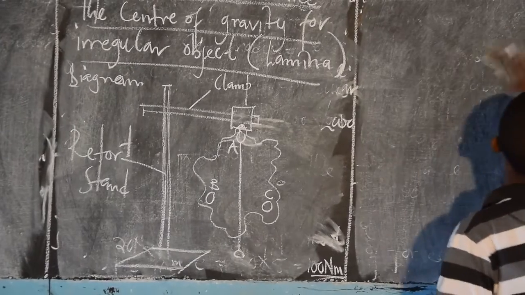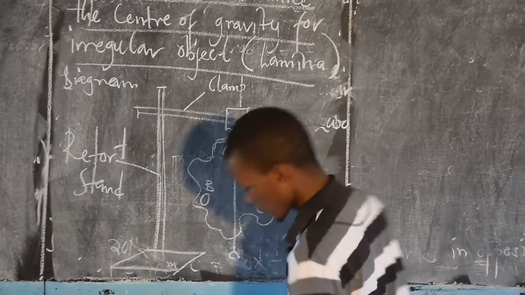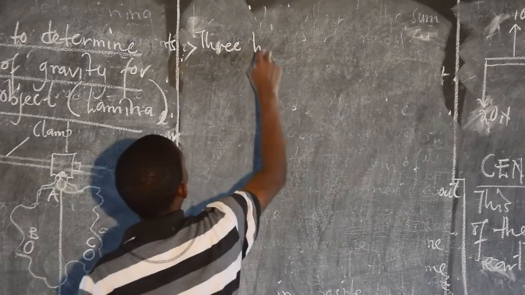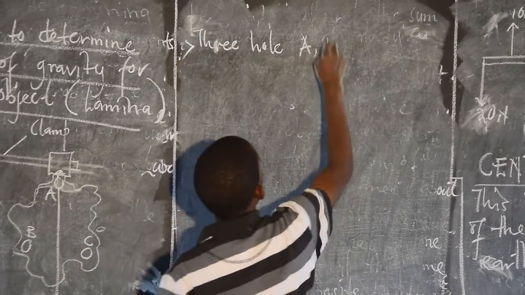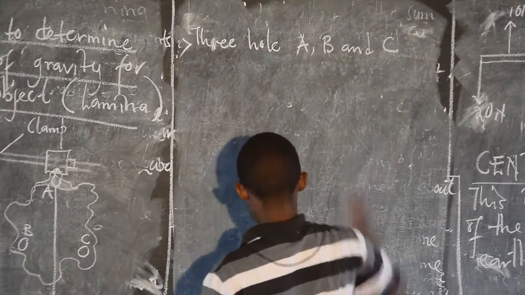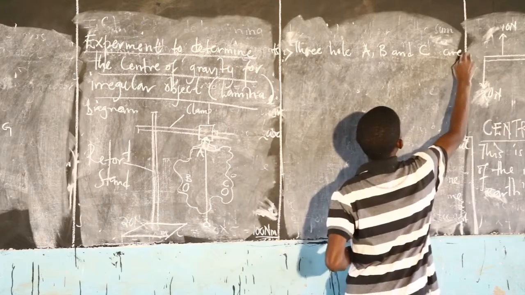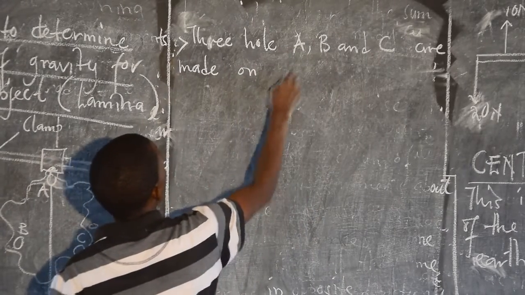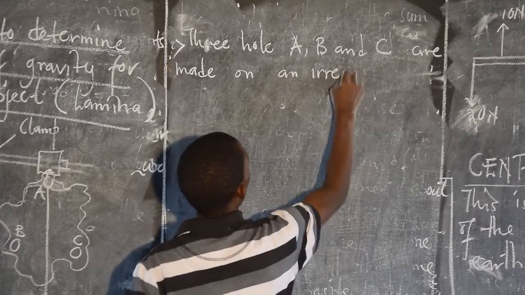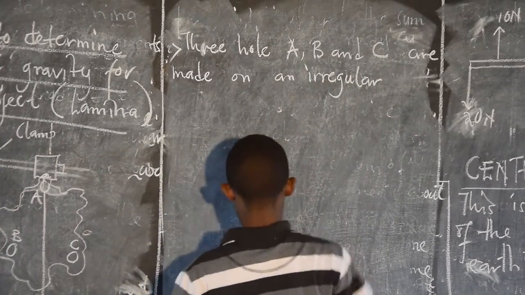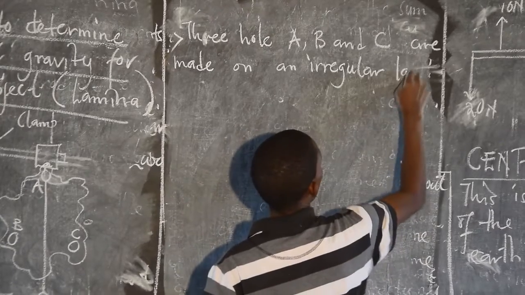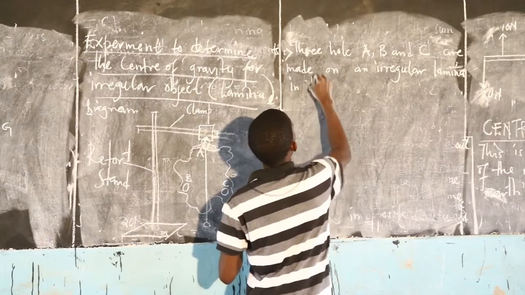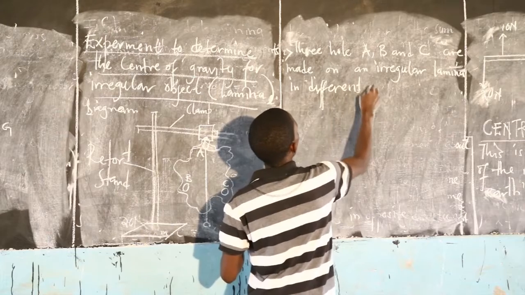In terms of procedure, we have the holes A, B, and C made on an irregular lamina in different corners.